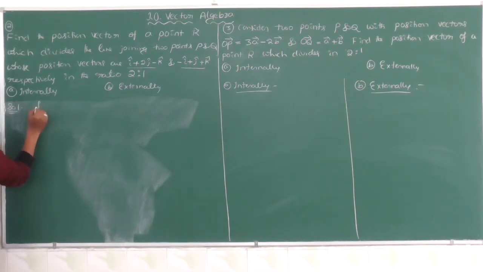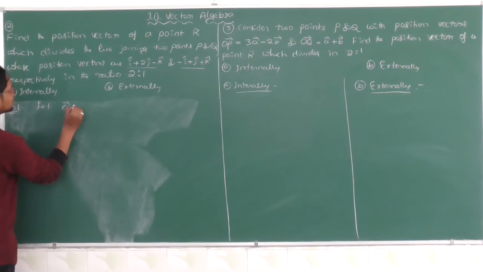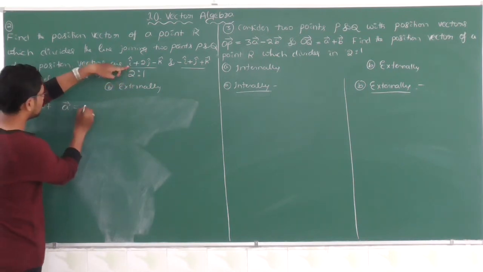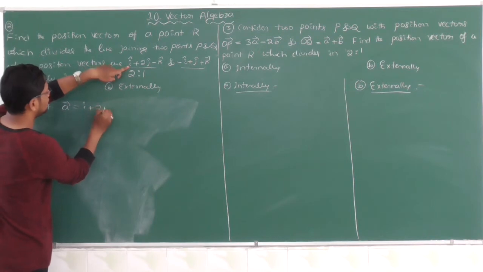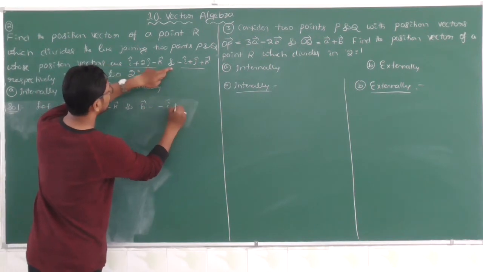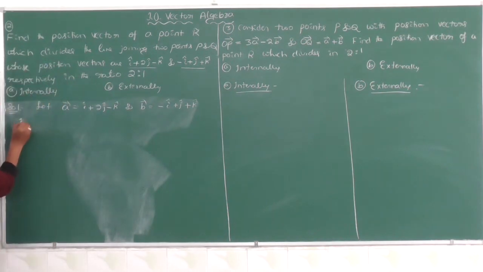Solution. Let the given vector A vector be i cap plus 2j cap minus k cap, and B vector is minus i plus j plus k.